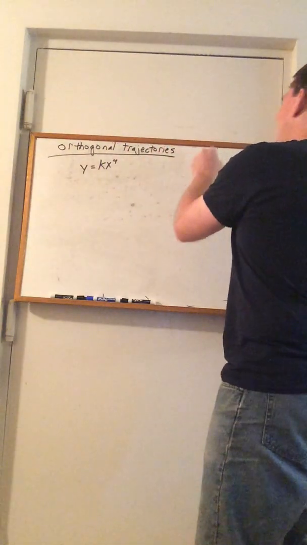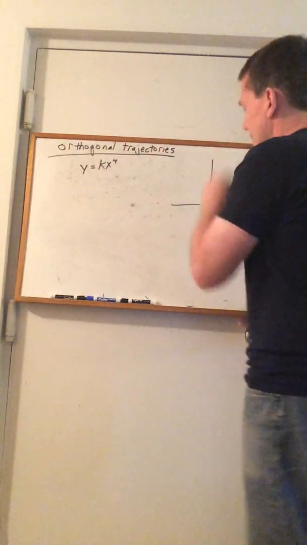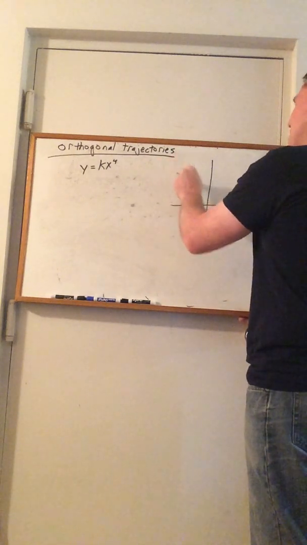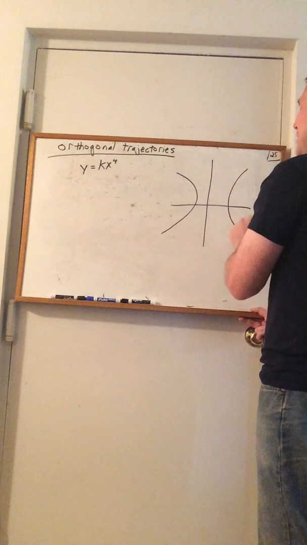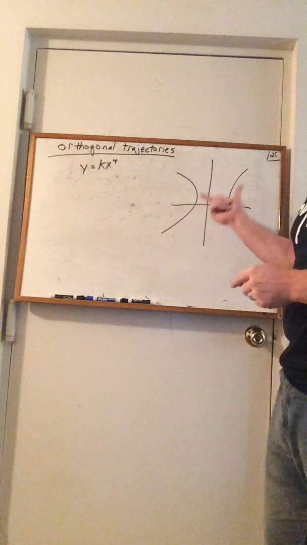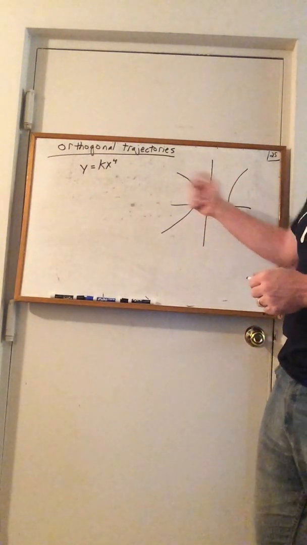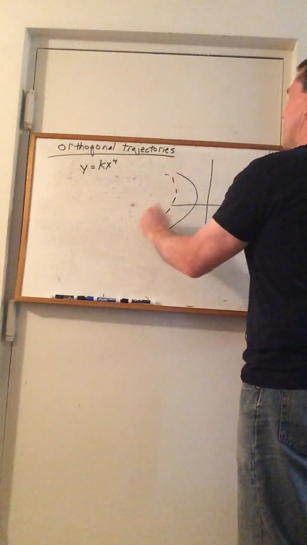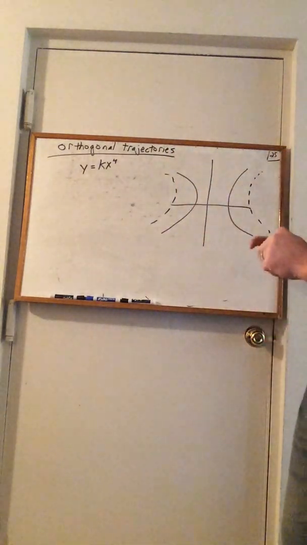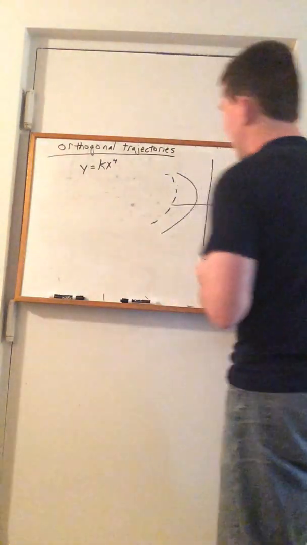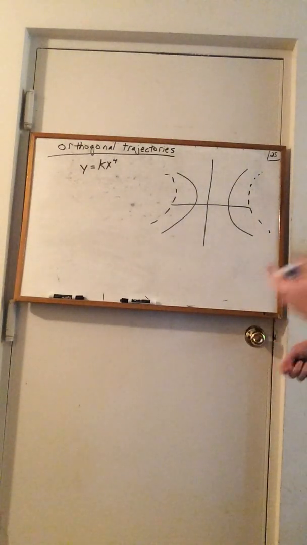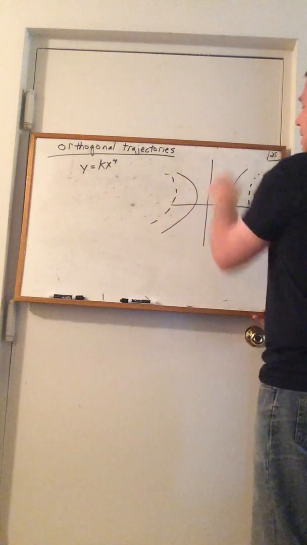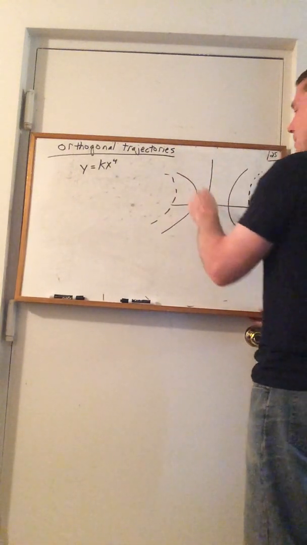In general, if I arbitrarily had a function, say I graph some hyperbolas like this. This is just one hyperbola, but in Desmos I can graph a whole family of them. At each point, I want to find a family of functions that when they intersect this hyperbola, the tangent lines are perpendicular.